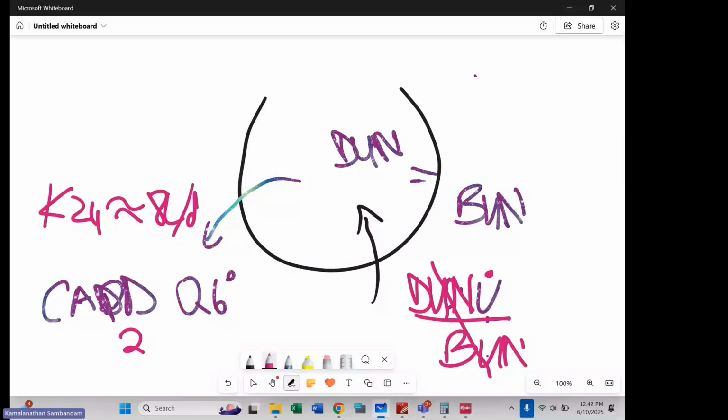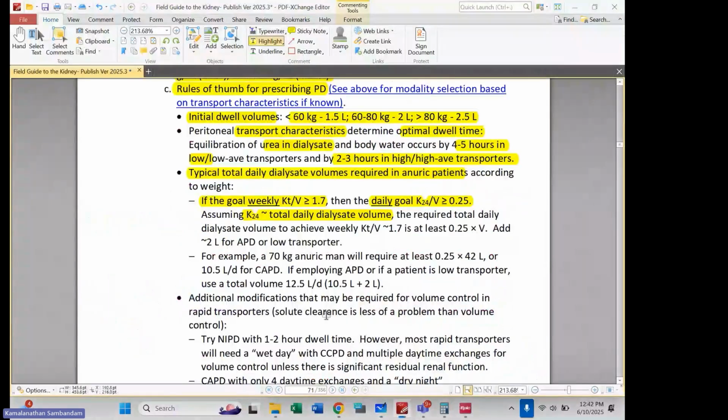If I then know my V, let's go back to this, right? If I know my V is, let's say, 35 liters, V is going to be total body water, I can do the math to ensure I'm achieving a K over V of 0.25. T is 1 day, so I've taken the T out of there.